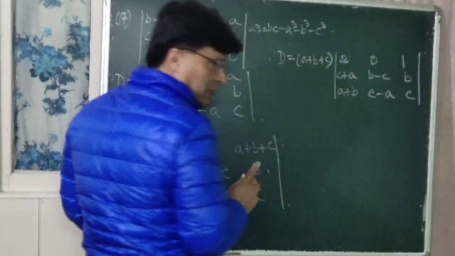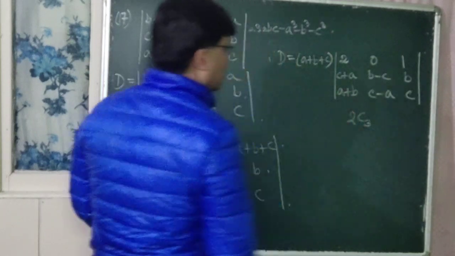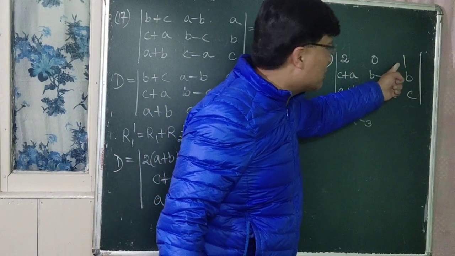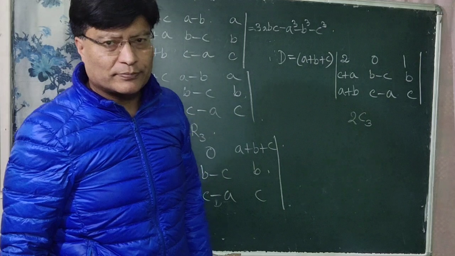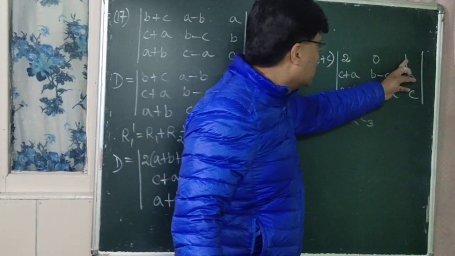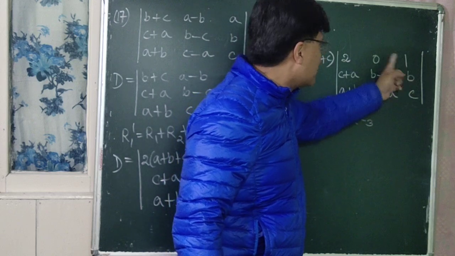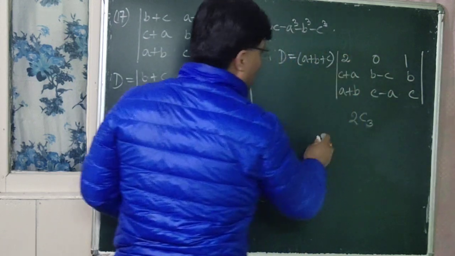Here, how am I writing it? Try to understand it. 2C3 means all the elements of column 3 are multiplied by 2. This one also multiplied by 2, and this one also multiplied by 2. Understood? So this one is multiplied by 2. So 2 ones are 2. And if it is subtracted from 2, this will be 0. That is column 1. This is your column 1.